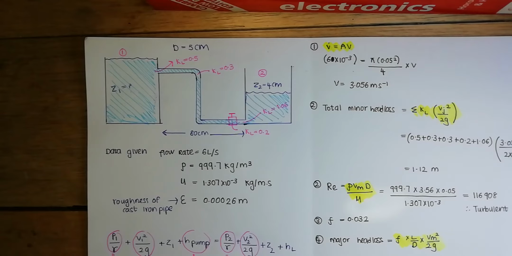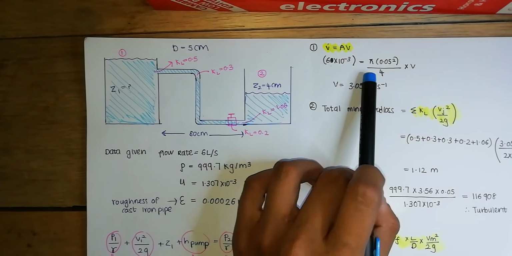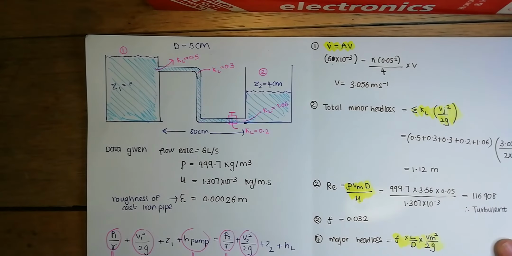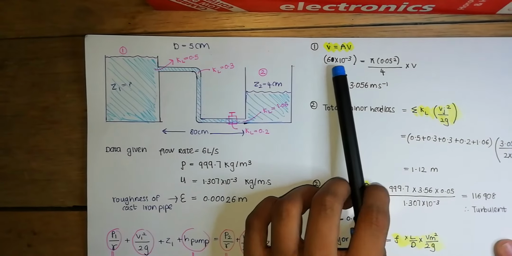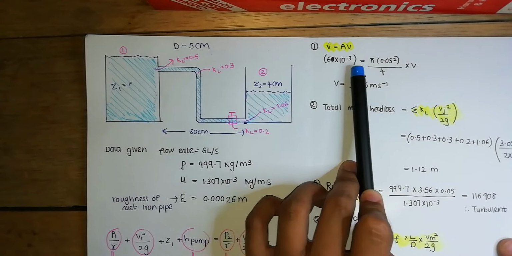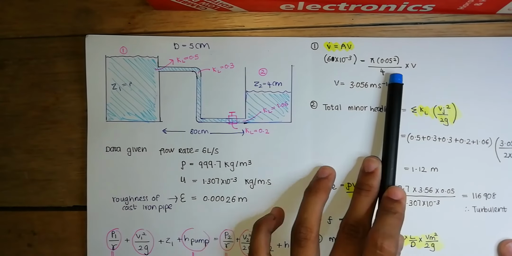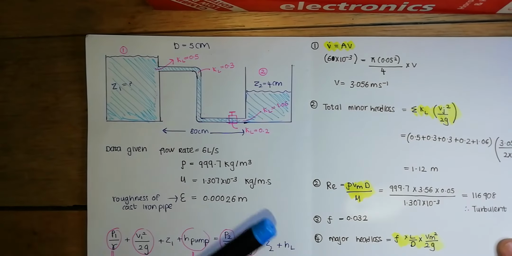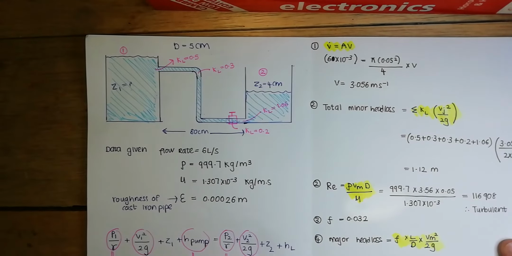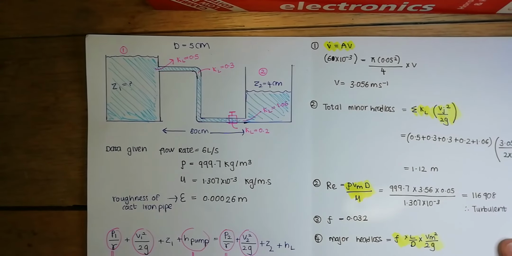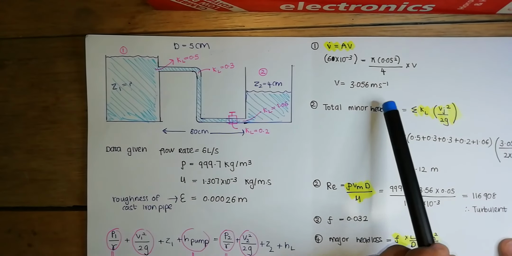We know that the volume flow rate is 6 liters per second. To convert it into meters cubed per second, we multiply it by 10 to the power minus 3. And then the area of the pipe will be pi d squared over 4, where d is 5 centimeters, which is 0.05 meters, squared, divided by 4.